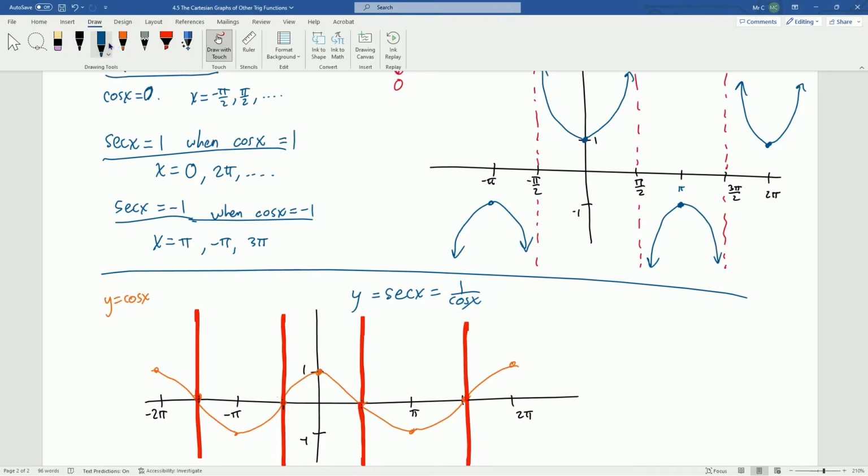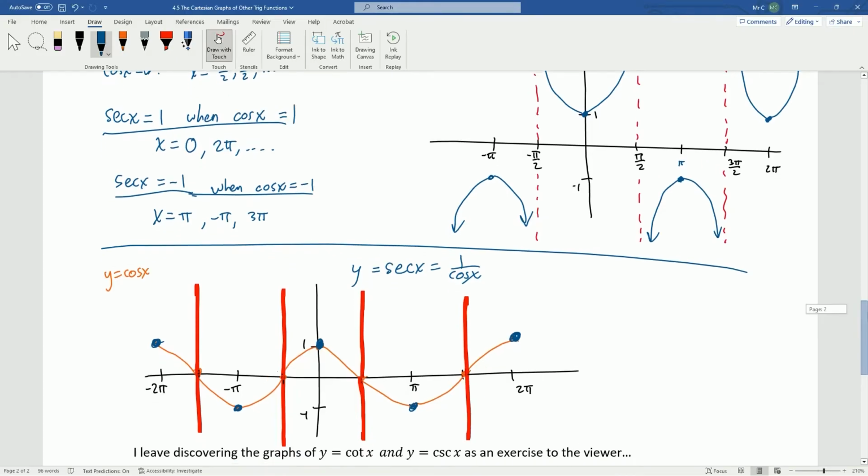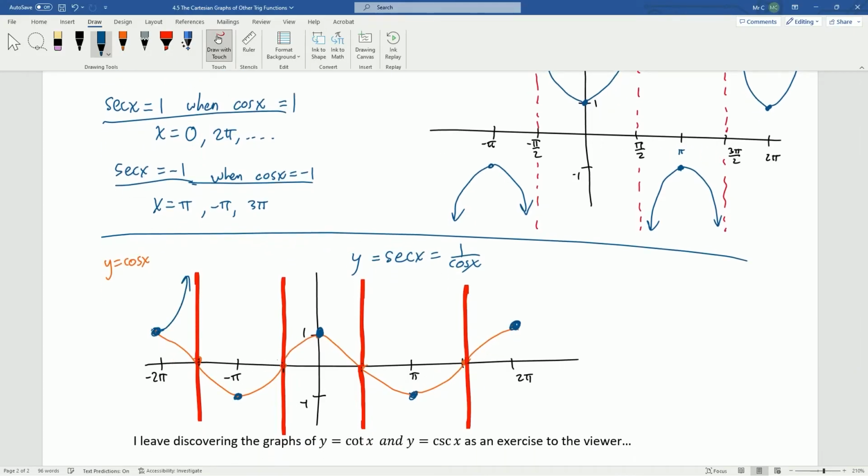And then I know whenever cosine of x is 1, I get 1 for secant. So I'm just going to plot a point at each of these peaks where cosine was 1. And anywhere cosine of x was -1, I get -1 for secant. And so then you can just draw your arrows in the direction of the asymptotes on each side.